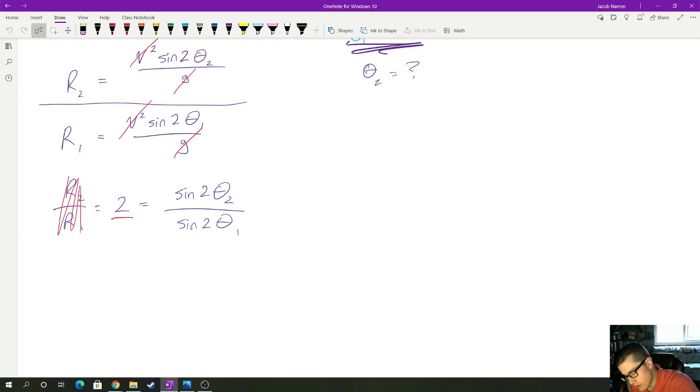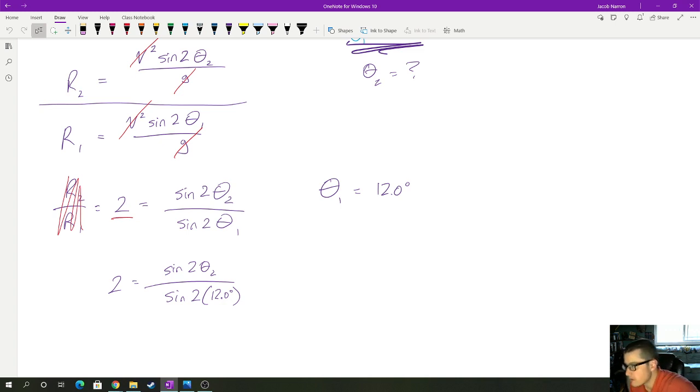And remember from before, theta 1 is 12.0 degrees. And so I'm going to plug that in. Okay, so now I can plug in some numbers. Let me rewrite it just to make it all pretty. 2 is equal to sine of 2 theta 2 over sine of 2 times 12.0 degrees is really what we're dealing with. We do some math.